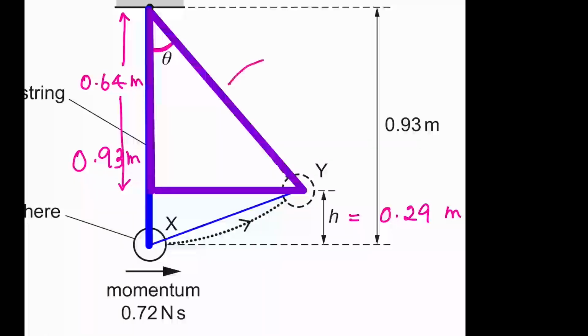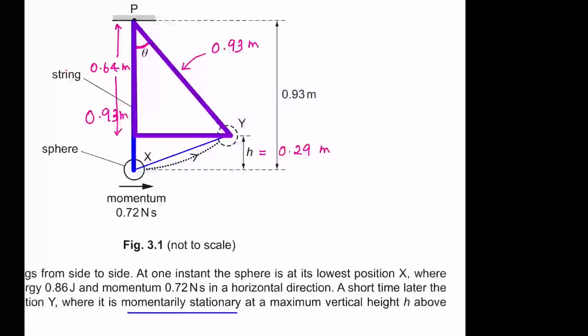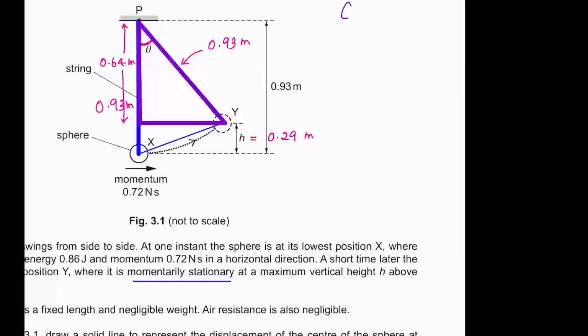So this one is 0.93 meters. So if you take this angle theta, this is the adjacent, this is the hypotenuse. Adjacent and the hypotenuse are connected by cos. Cos theta equals adjacent over hypotenuse. Cos theta is 0.64 over 0.93.